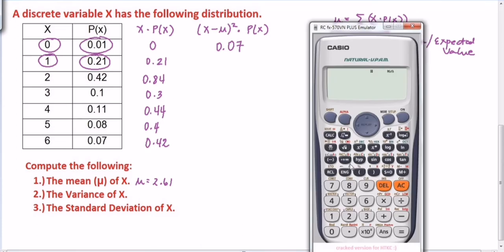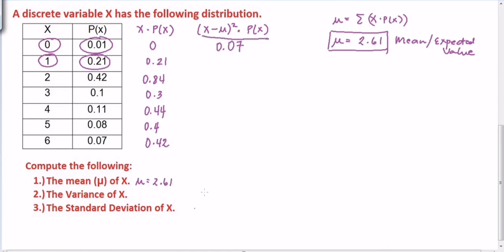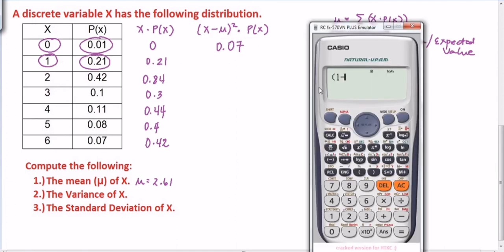Okay? So, I will have yung x na 1 minus yung mean ulit. Gagamitin nyo itong format na to, guys. Okay? So, x na 1 minus yung mean na 2.61, and then, enclose nyo sa parenthesis, squared, times itong p of x na to, or probability of x, so 0.21. Yun yung pangalawa. So, the answer is 0.54.